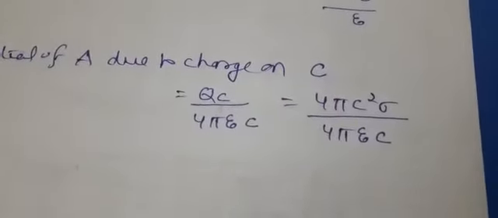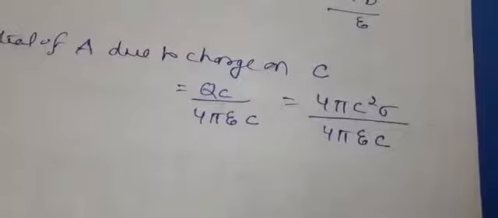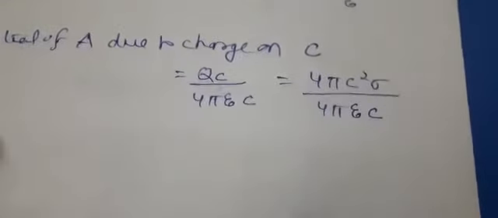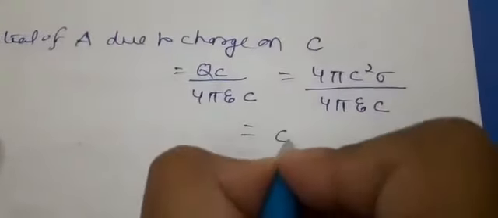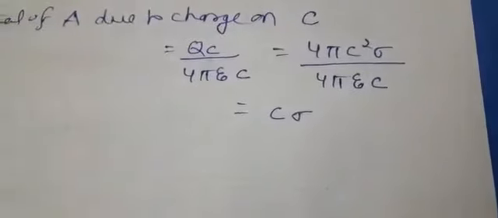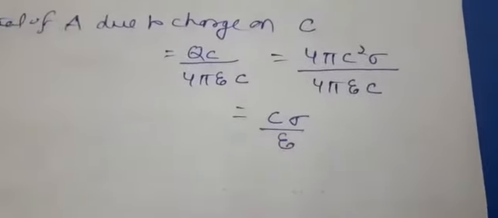It is located at that point, but we can calculate potential at that point. So here this comes out to be C sigma upon epsilon naught.